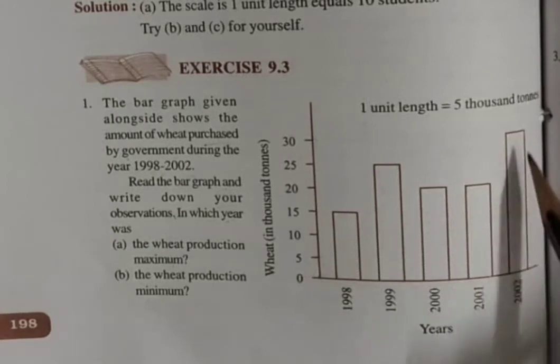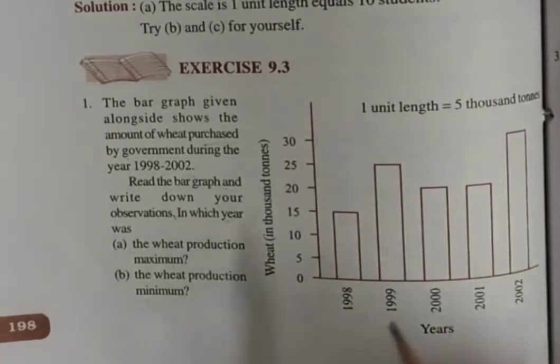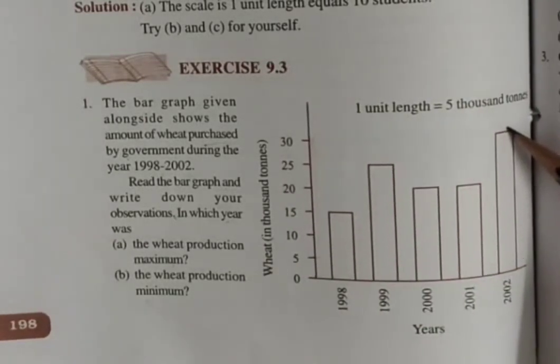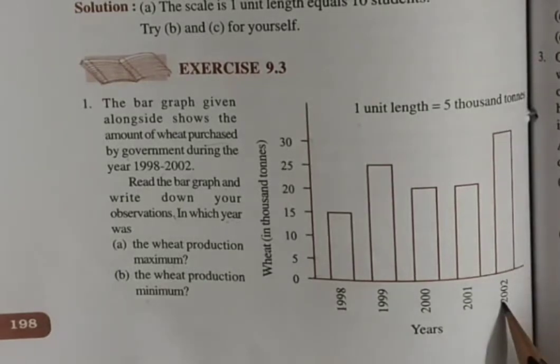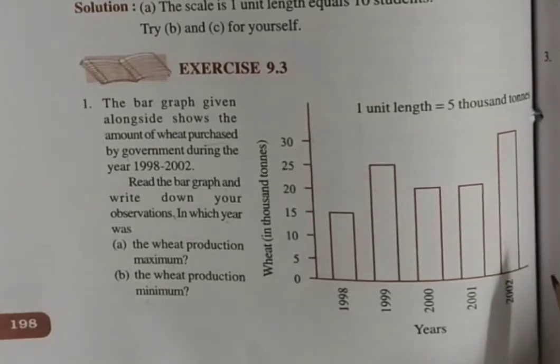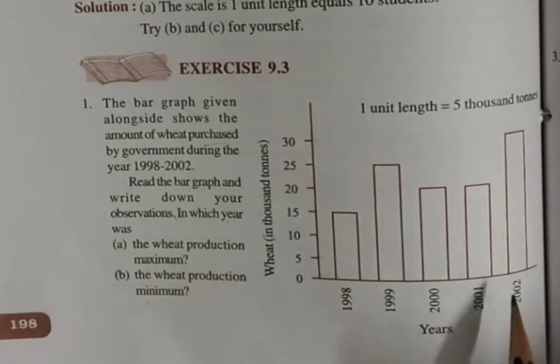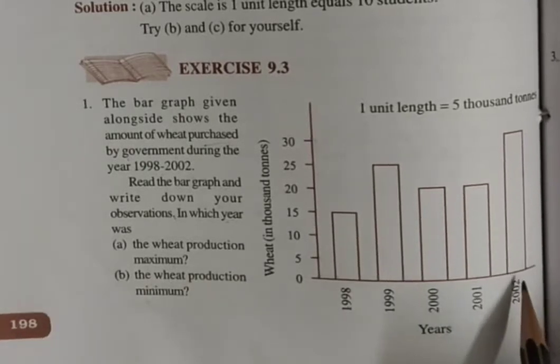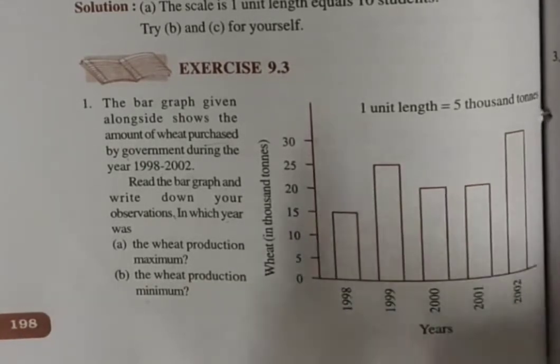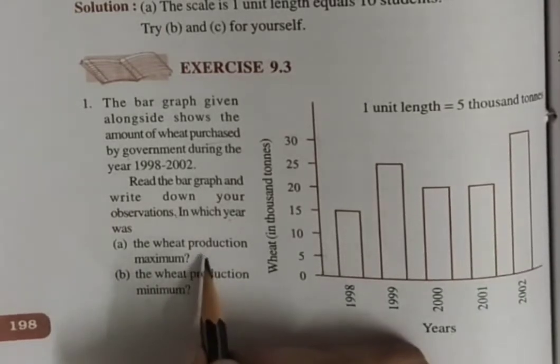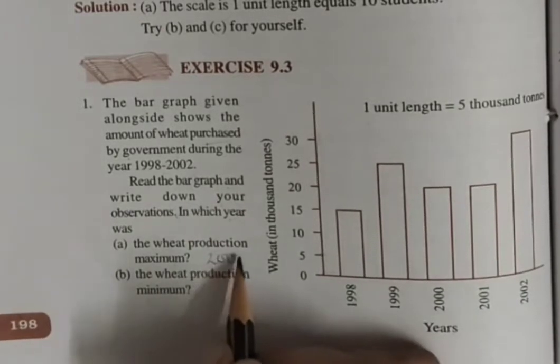You can see the longest bar here, and that is in 2002. So it is clearly visible the wheat production was maximum in the year 2002. Here we can write the answer in the book as well, in 2002.